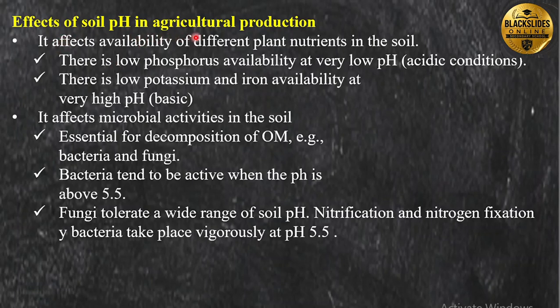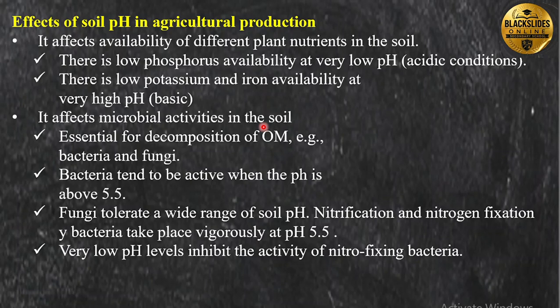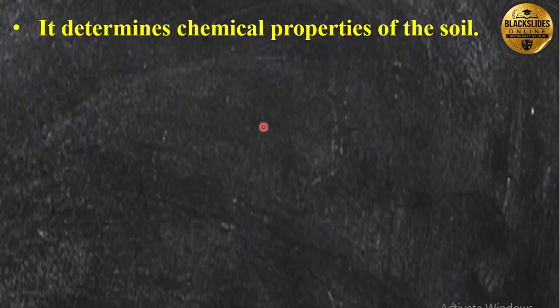Effects of soil pH on agricultural production. We are saying one, it affects availability of different plant nutrients in the soil. It affects microbial activities in the soil. It also determines chemical properties of the soil.